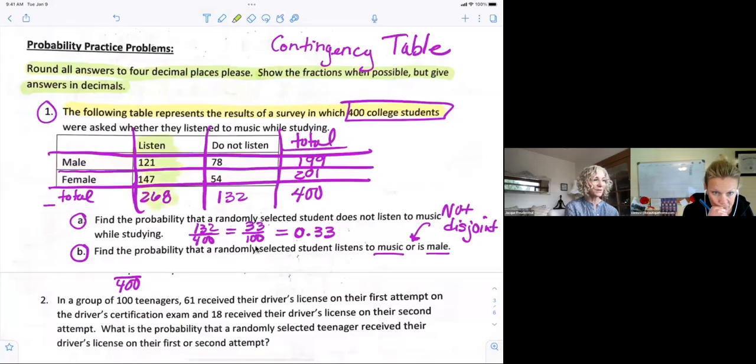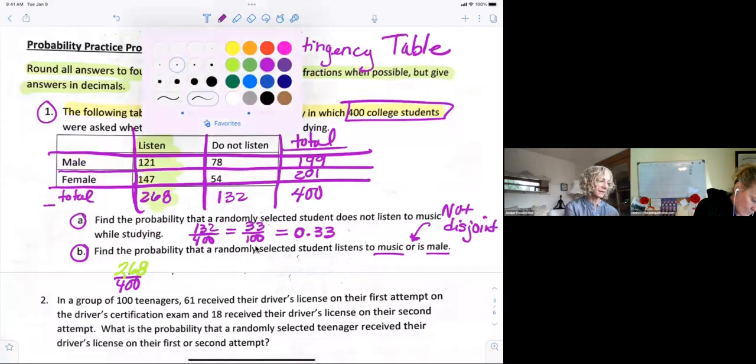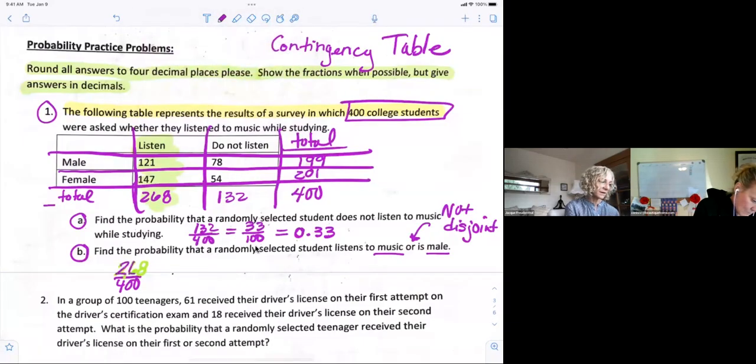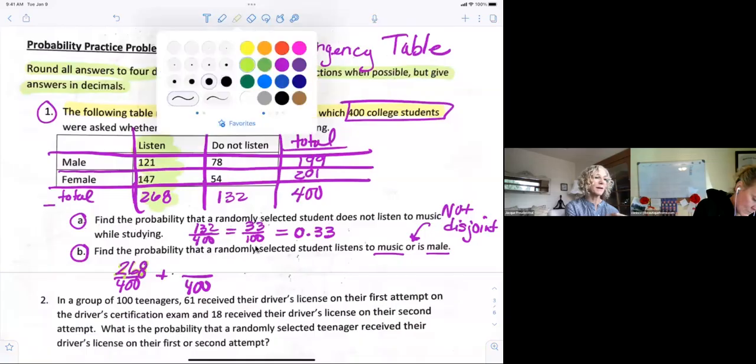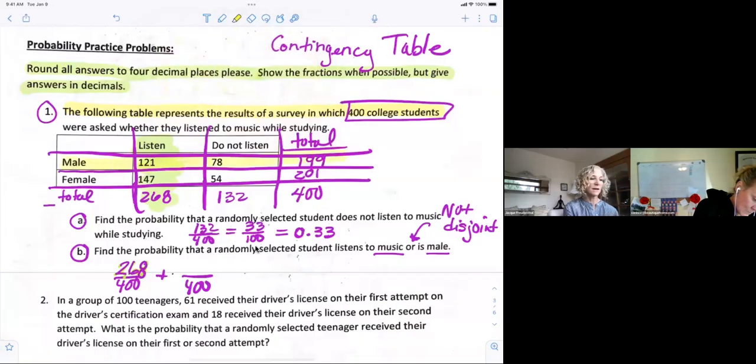Listen to music, there's 268, so 268 out of the 400, plus the number of students that are male, which is 199.